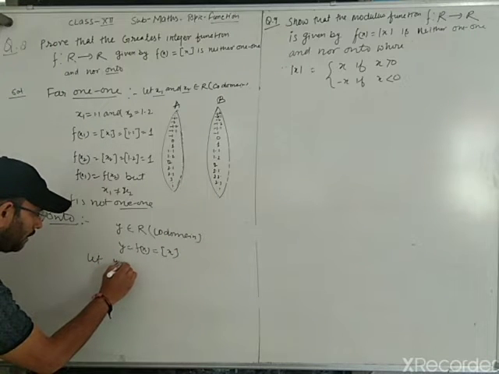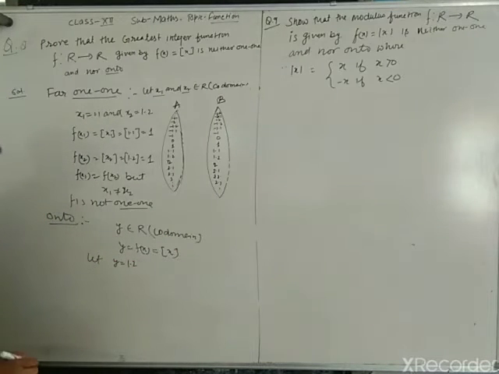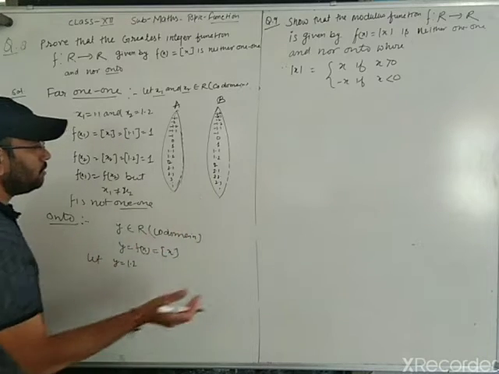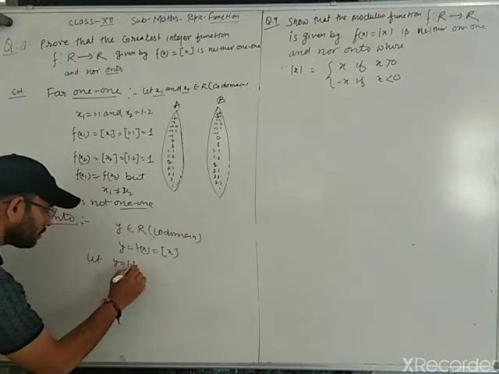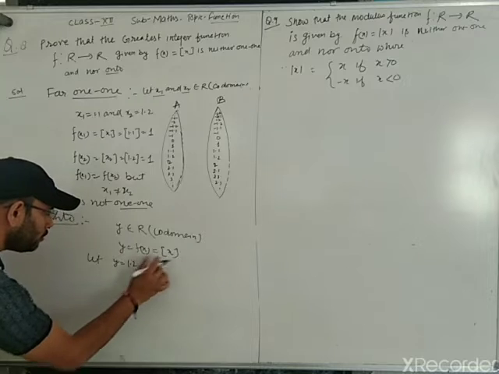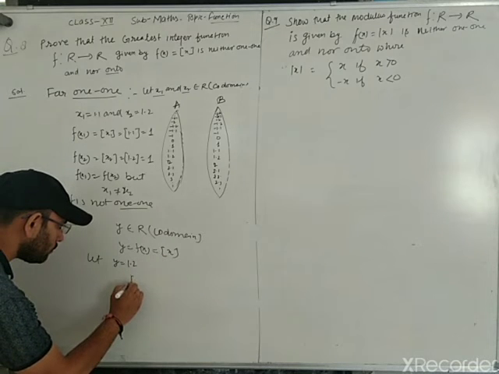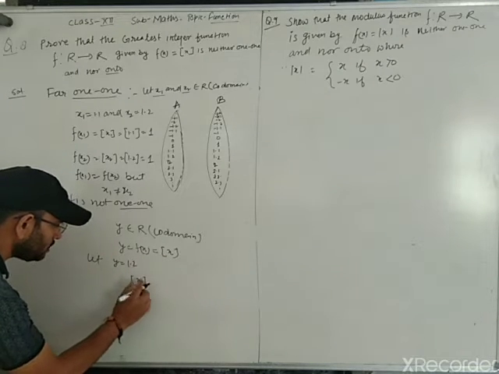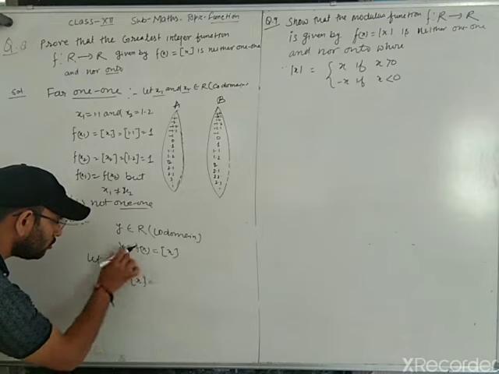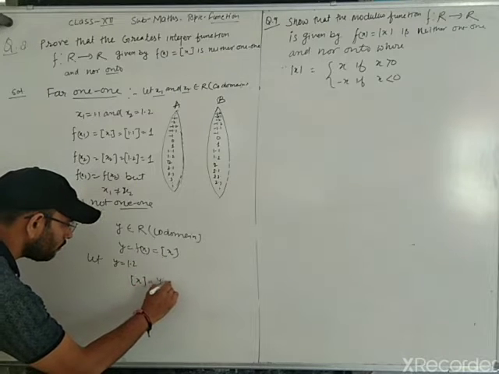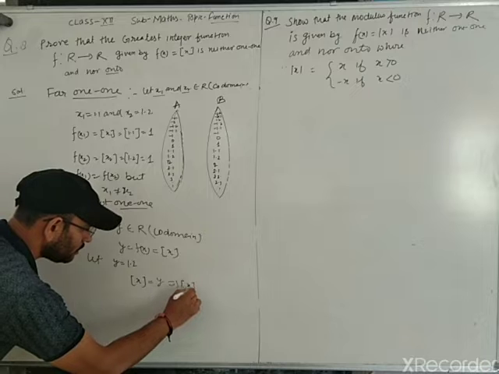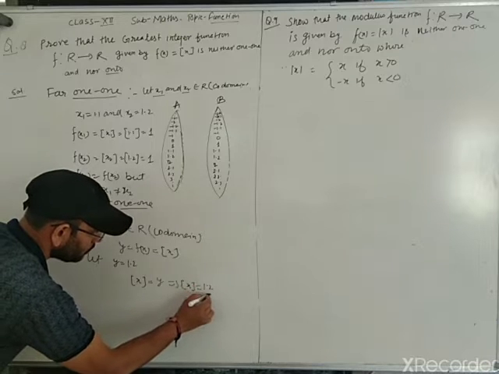So y I am selecting 1.2 or 1.3, whatever you want to select. So y = 1.2. So [x] = y, further [x] = 1.2.